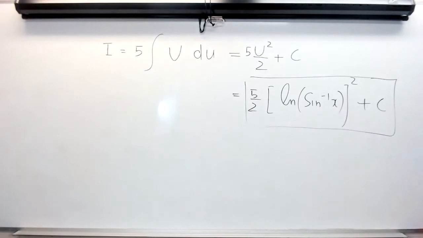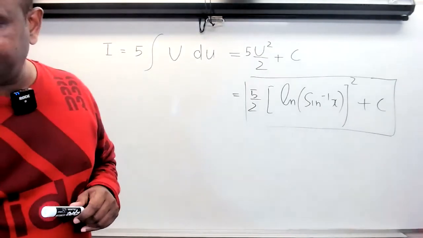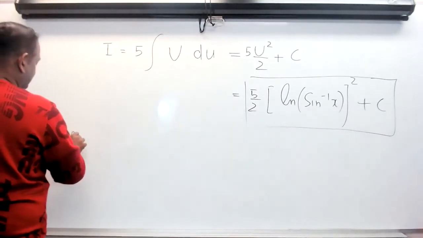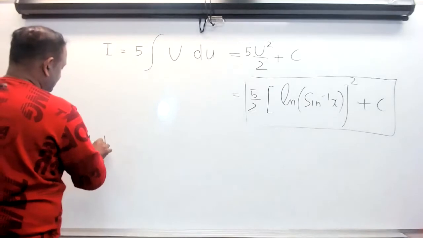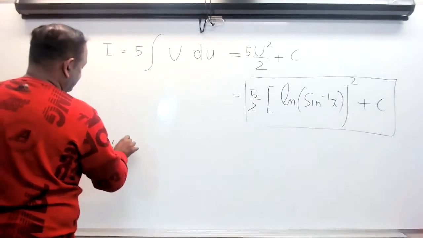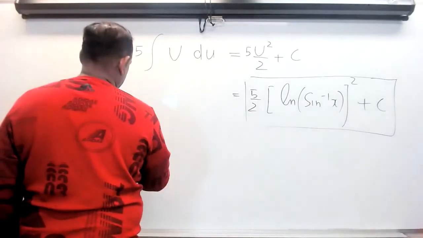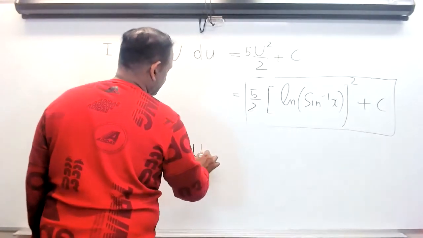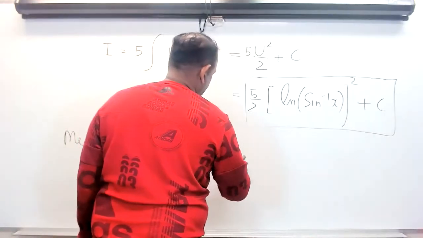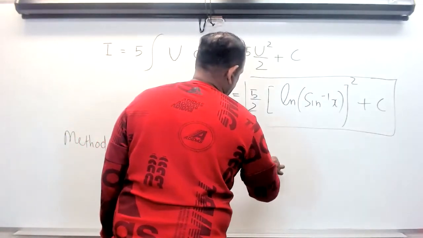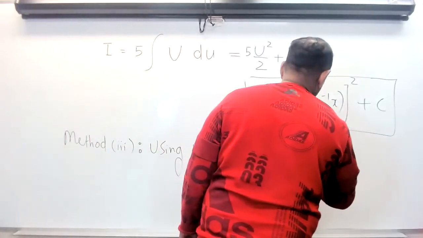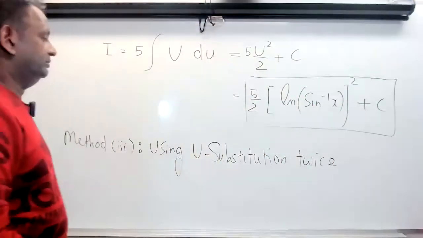This is using u substitution once. Let's say by any chance you don't know, you have to use a third method, using u substitution twice. You're going to use that two times.